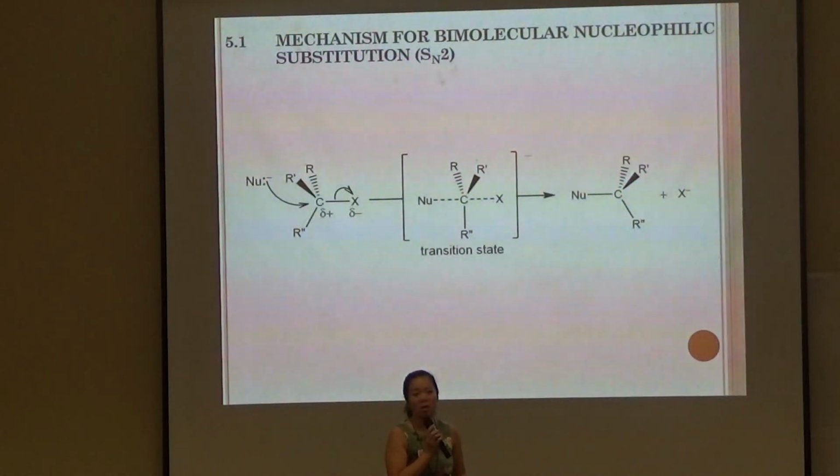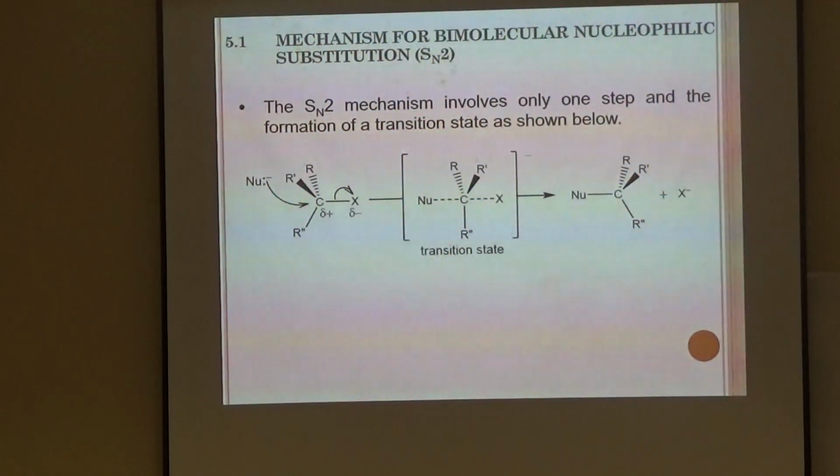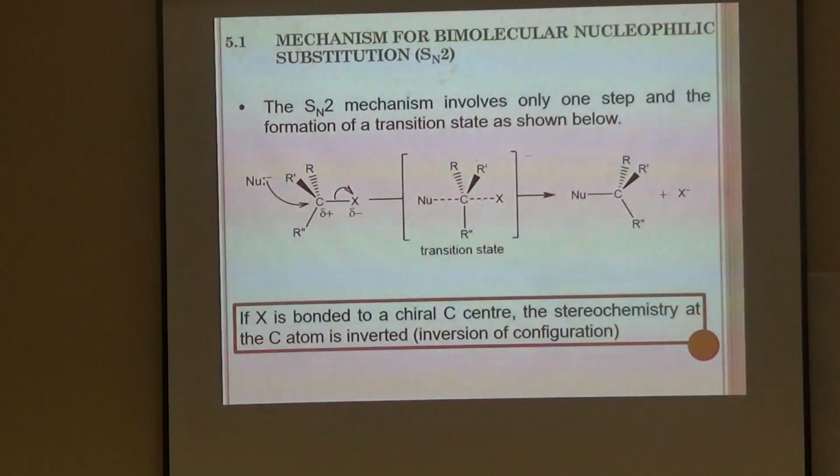That's why we call it an inversion of stereochemistry, or inversion of configuration. So the transition state is shown in the square bracket. If X is bonded to a chiral carbon, which means your starting material has a chiral carbon center, then the stereochemistry at the carbon is inverted.